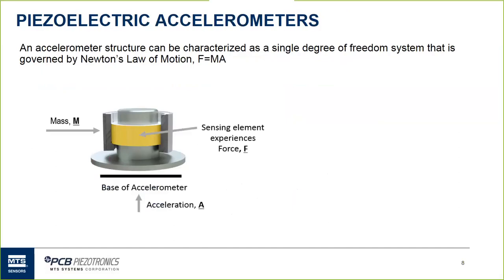So let's take a little closer look at sensor element technology and how the sensors are structured from a design perspective, and again, governed by Newton's second law of motion, F equals ma. Taking a closer look here, we have the base of our accelerometer located where this black line is, and then we have a post, and then we have a sensing element shown here in yellow.